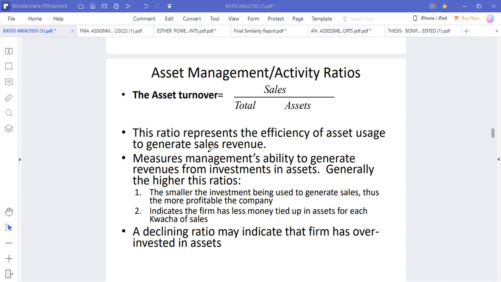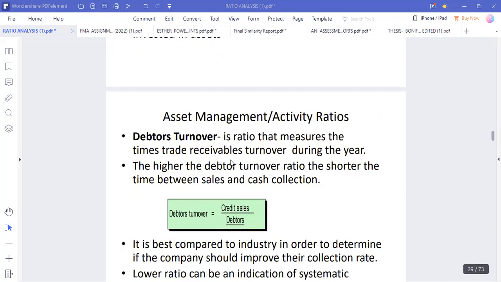And so considering that these assets need maintenance and a dedicated amount for service, when they looked at the asset management ratios and the contribution to the sales, they declined usage of their equipment. So this is a very important ratio because it gives us a picture of how much sales are coming from the assets that we own.